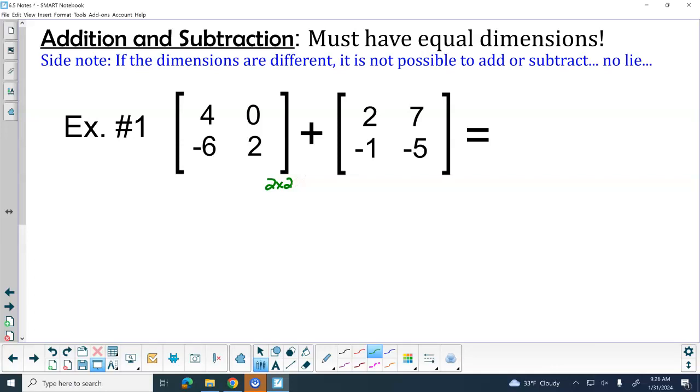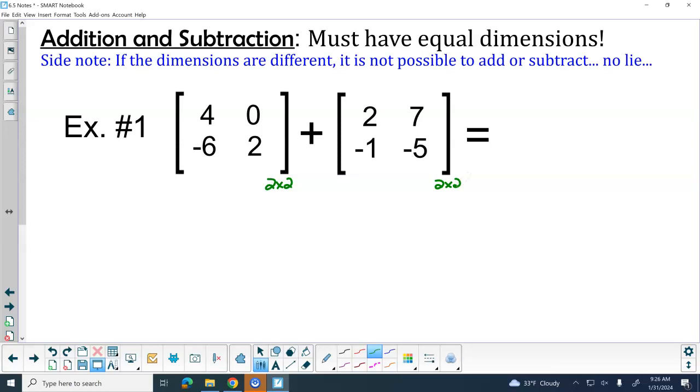It's also a 2 by 2. It also has 2 rows and 2 columns. If those 2 are the same, you can continue. If those 2 are different, you're done with that problem, and you can move on with your life.